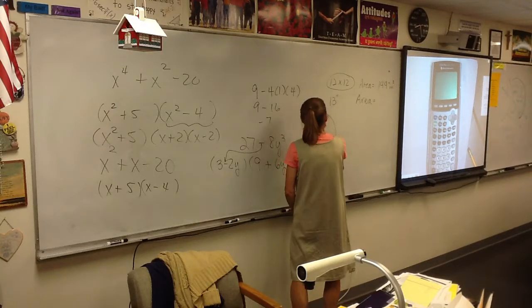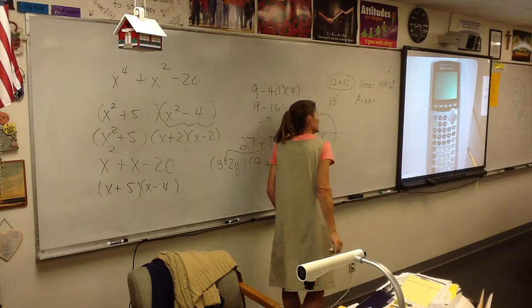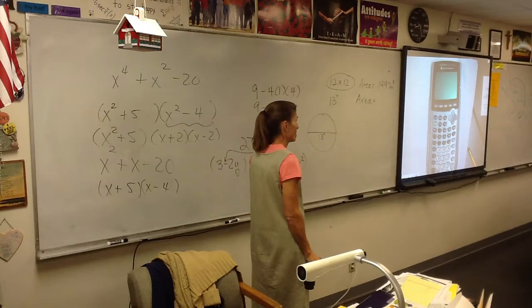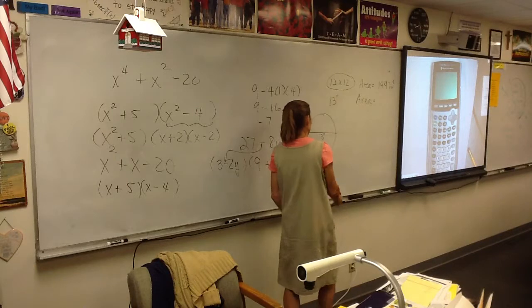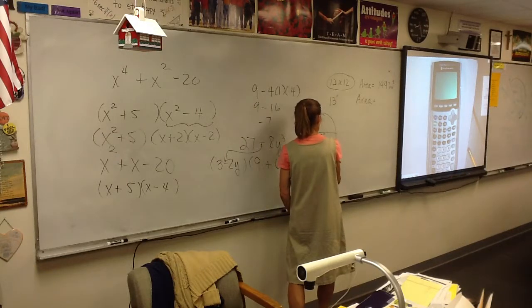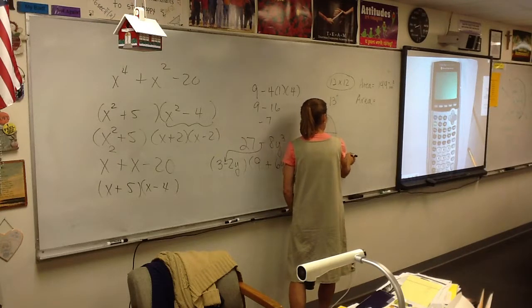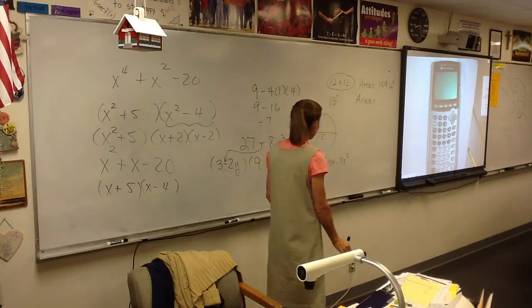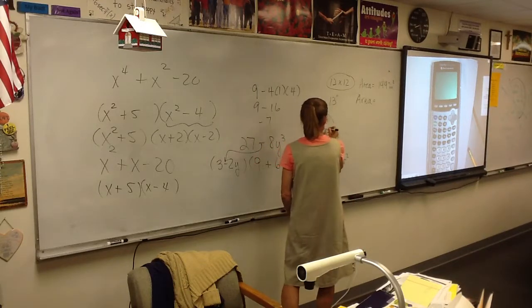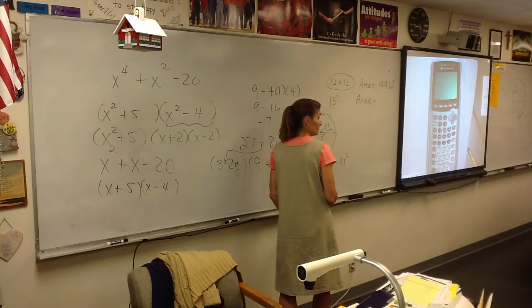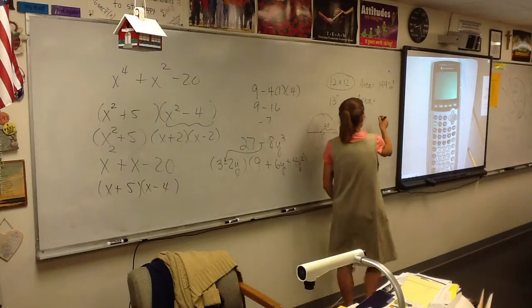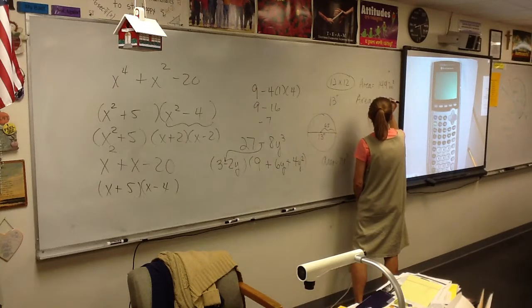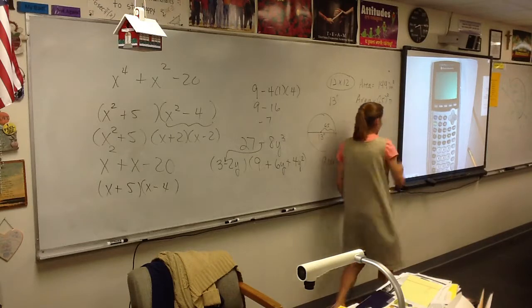I believe it's probably diameter. So what's the formula for the area of the circle? Pi r squared. What's my radius? 6.5? 6.5. So my area will be 6.5 squared times pi.